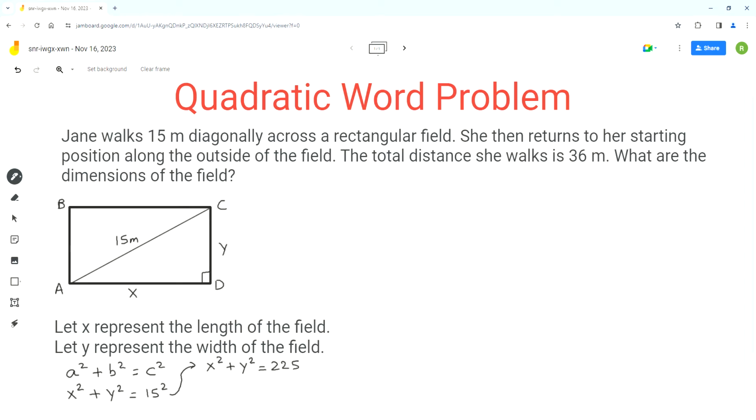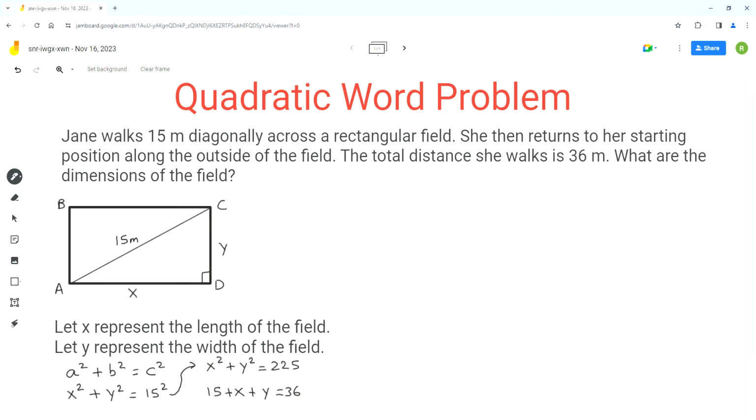Now since we are using two variables, we need two equations to find the values of x and y, and we are given that the total distance she walks is 36 meters. So our second equation will be 15 plus x plus y equals 36.